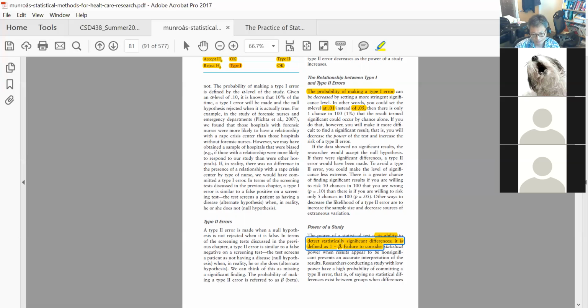Then, in the same way, the power will go up. So I hope you check this: when the type 2 error rate is getting higher and higher, the power is getting lower and lower. Those things I hope you check, and they should be on the quiz as well.